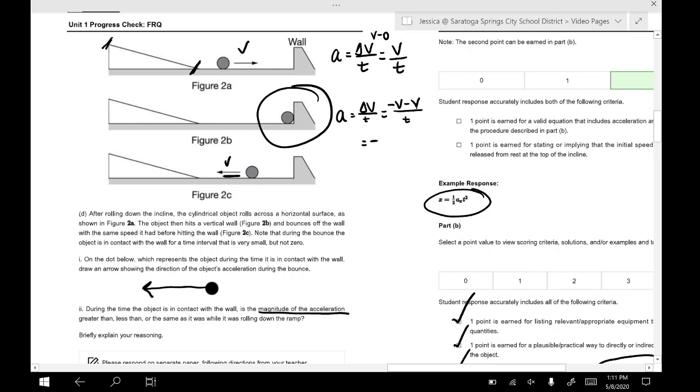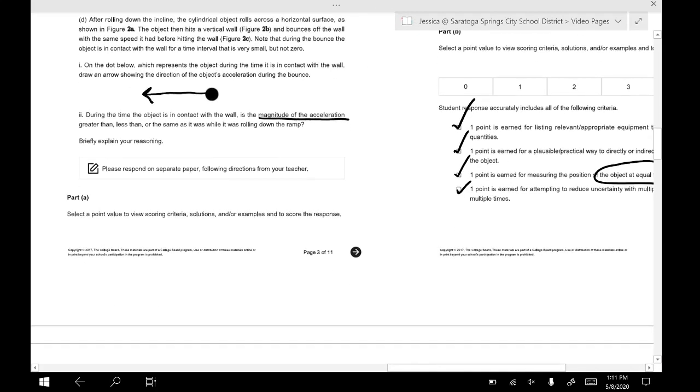So we have negative 2v over t. So not only do we have a larger change in velocity, we have a smaller amount of time. And both of those things are going to lead to a larger acceleration from the wall.